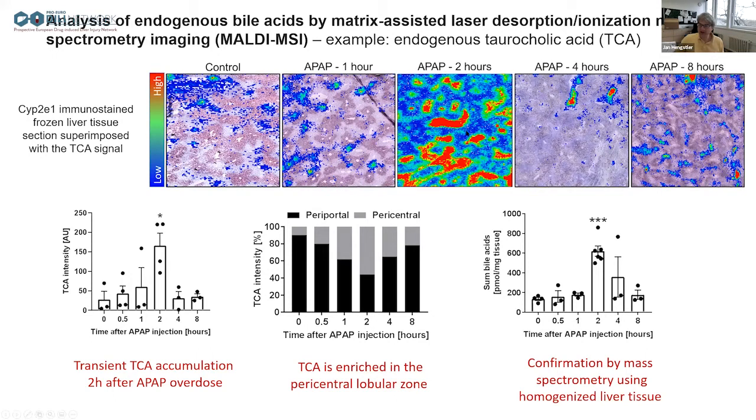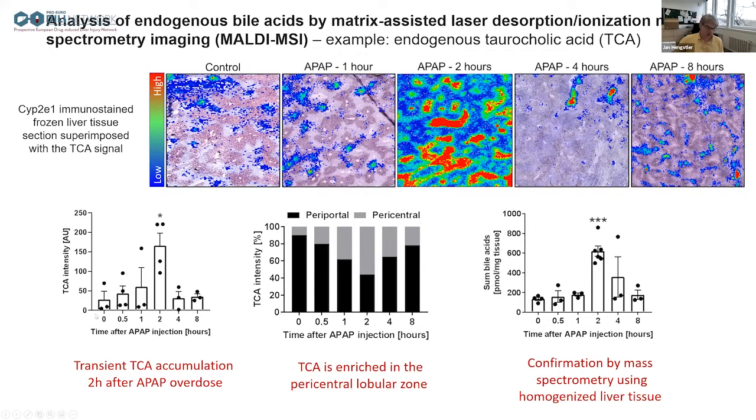The strength of MALDI-MSI is that the identified chemical is very specific. So the signal we see here, we can rely on that this is really taurocholic acid. It's mass spectrometry. And what we see is this transient increase of TCA in the center. These are always the centers of liver lobules, the pericentral regions. But this is transient, already 4 hours after overdose, it's much lower.